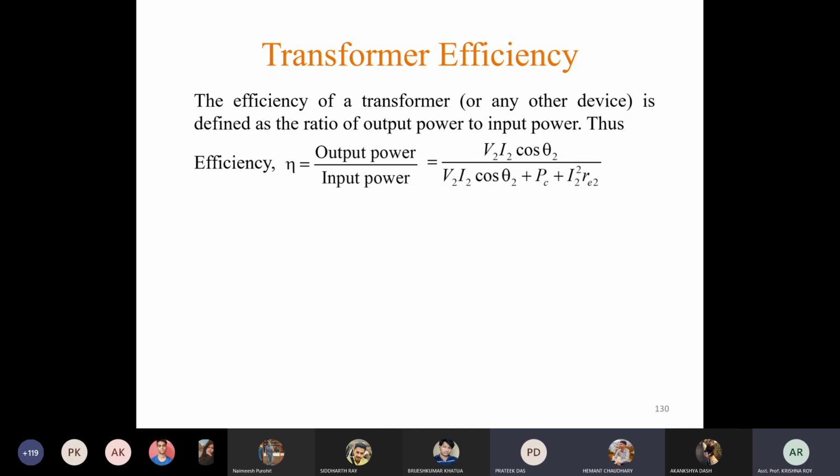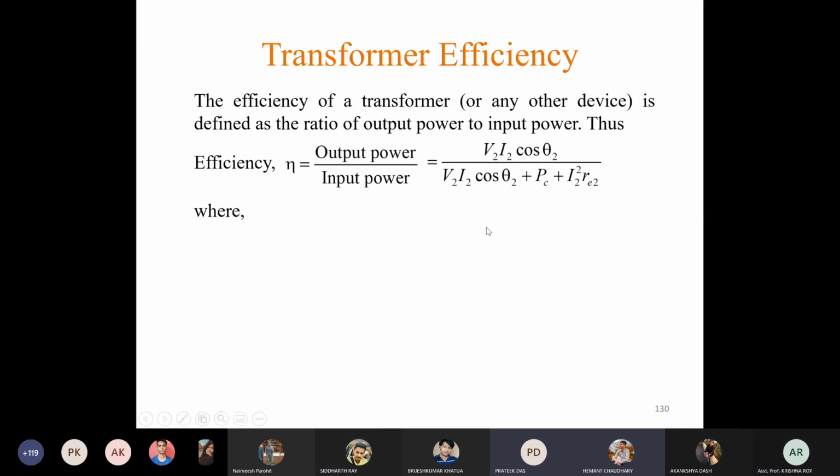So by measuring core loss and ohmic loss, we can calculate the efficiency of a transformer if the load power factor is given. The kVA rating we get from the nameplate data, and the power factor will be given, and then by measuring the losses only we can calculate efficiency. We don't have to measure the input voltage or current or output voltage or current.